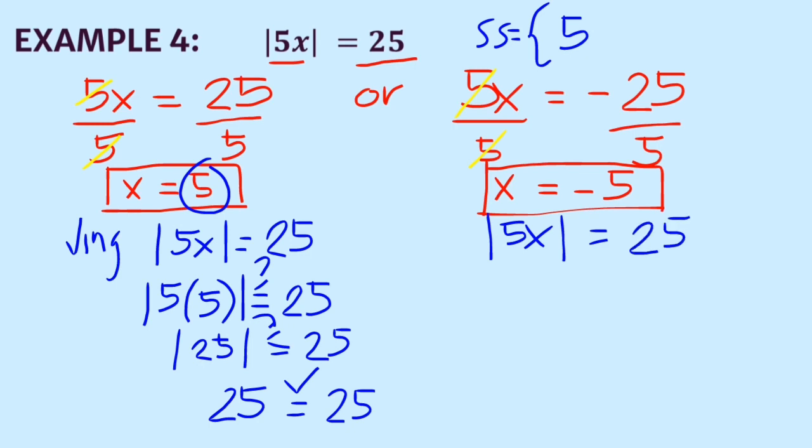Now, let's substitute this value of x, negative 5. So, 5 times negative 5, and the absolute value.